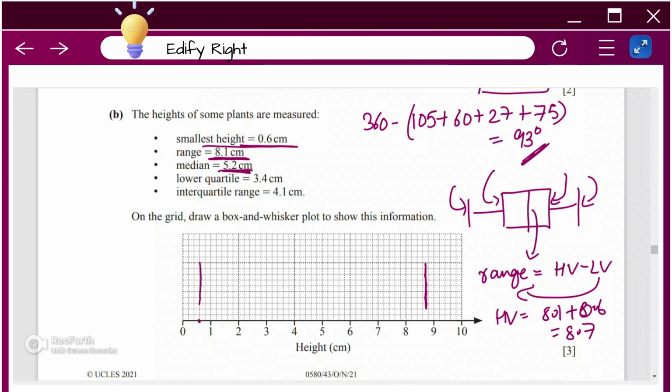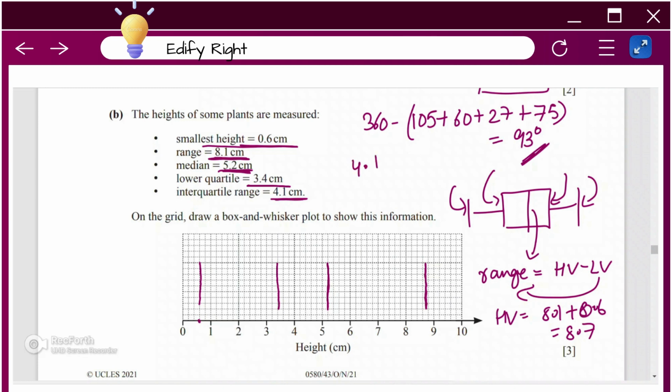Next, the median is 5.2. So let me just draw it over here. 5.2. The lower quartile is 3.4. So that would be somewhere over here. The upper quartile: the interquartile range is 4.1. So the interquartile range is again the difference between the higher and the lower.